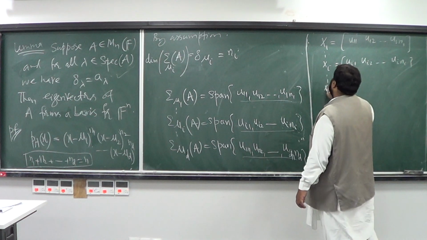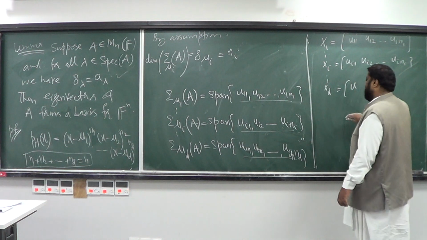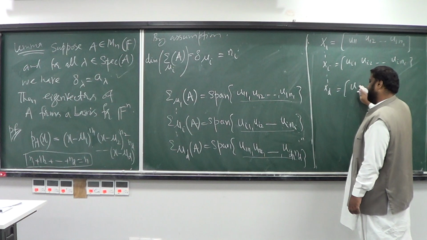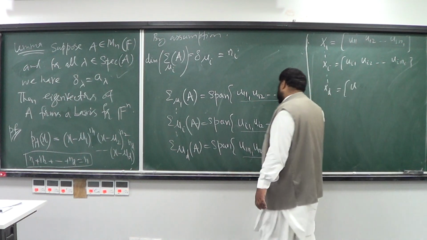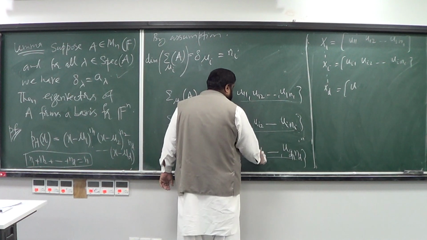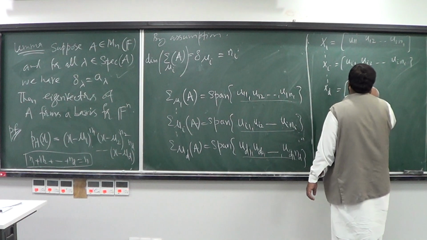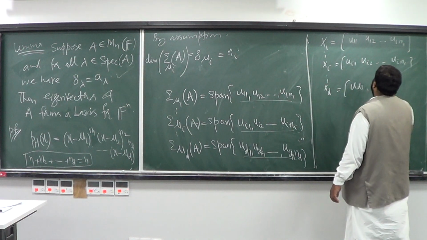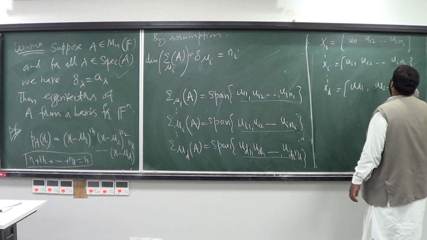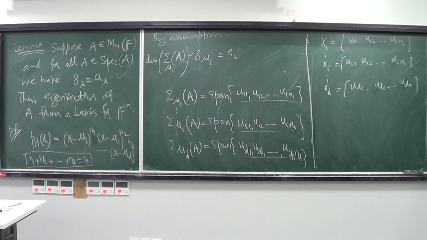And last is Xd. So this is going to be ud1, ud2 up to u d n d. Okay? So these are the column matrices.